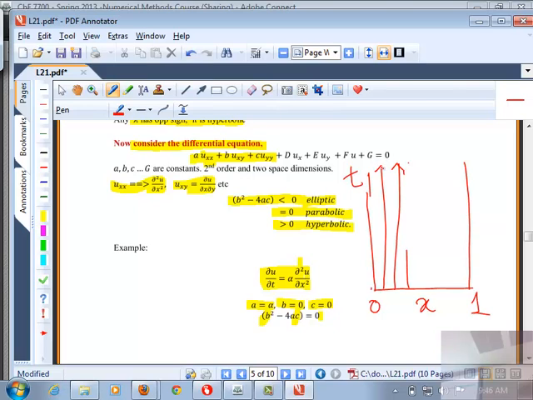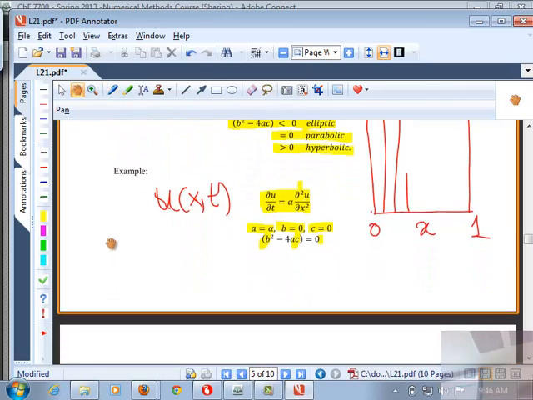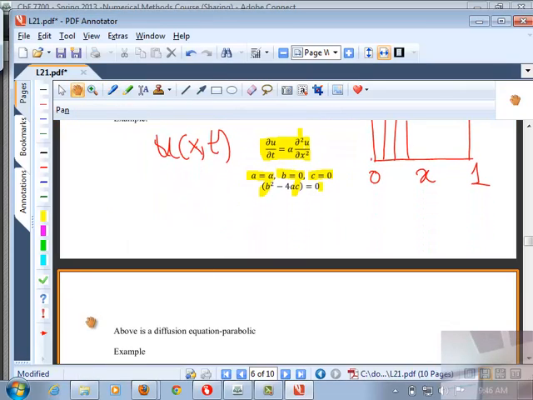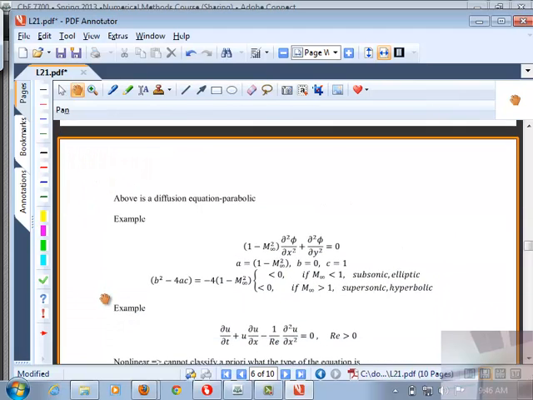So here is an equation which comes from compressible flow: (1 minus M infinity squared) times the second derivative of phi with respect to x plus the second derivative of phi with respect to y equals 1. Here we have two terms that are second order, in x and in y. Taking x to be associated with a, the coefficient a is 1 minus M infinity squared.